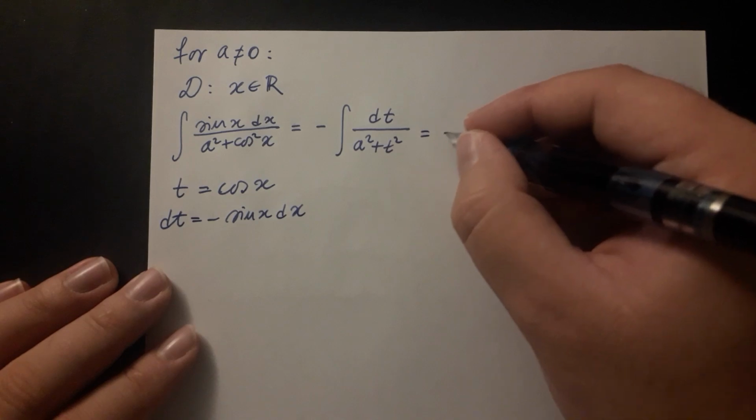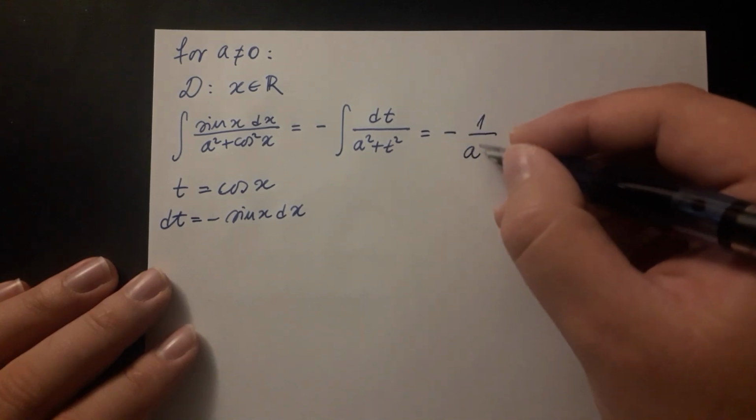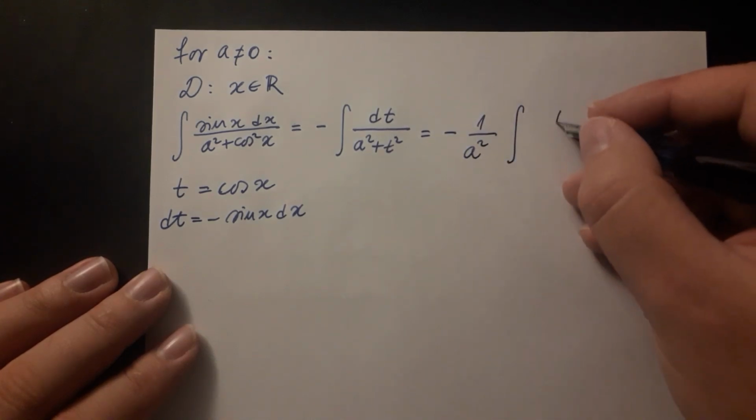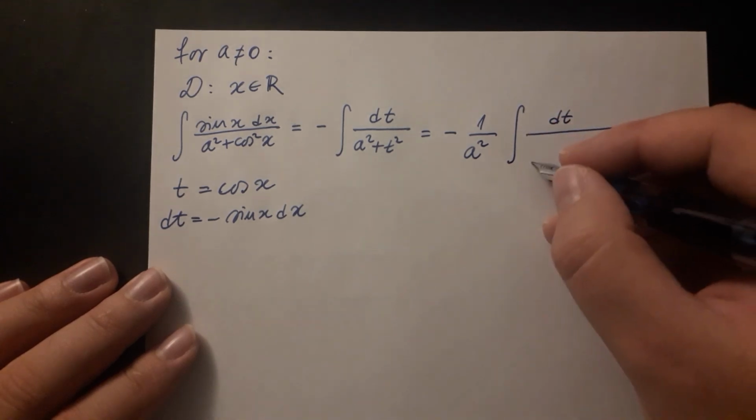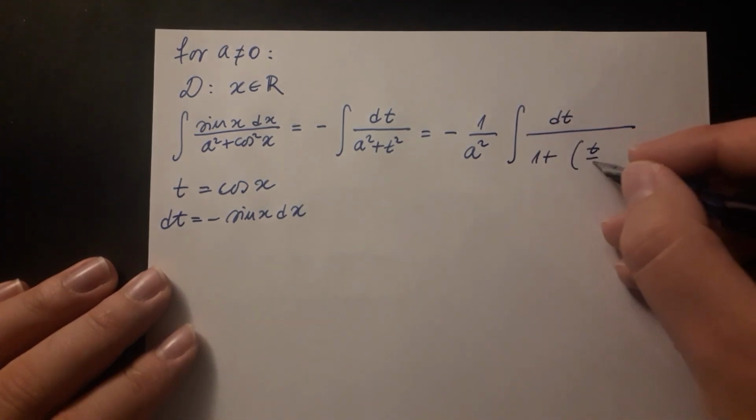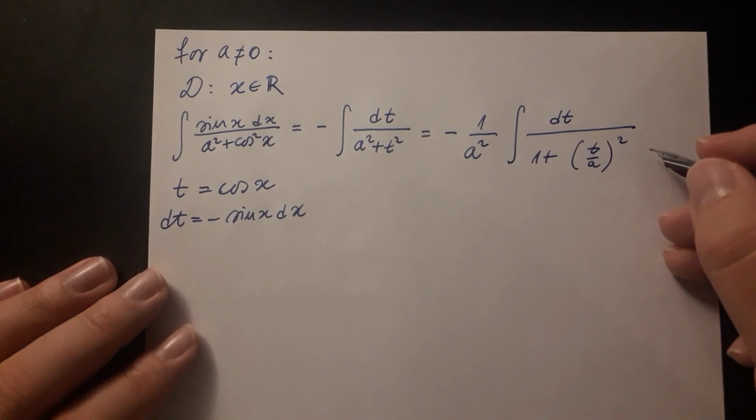This integral is then equal to negative 1 divided by a squared of the integral dt divided by 1 plus t divided by a squared.